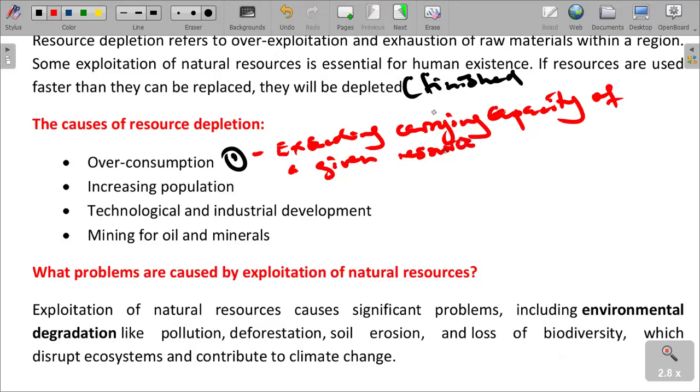When the resource cannot sustain, it relates to overpopulation. So increasing population and overconsumption, we cannot explain them separately.